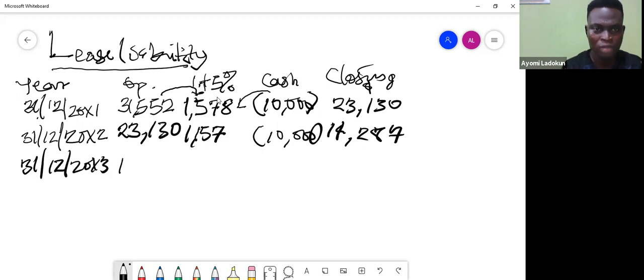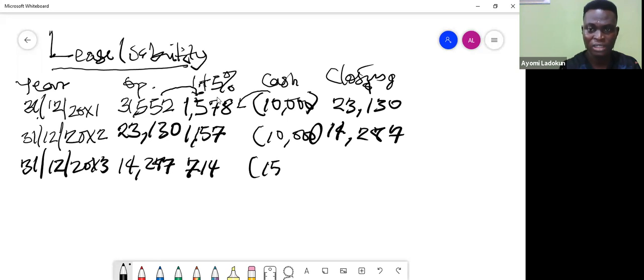So my opening balance will now be 14,287. Then I compute my interest on that. I'll say 14,287 multiplied by 0.05, so let's see, I will have 714. All right, so we now have 15,000.